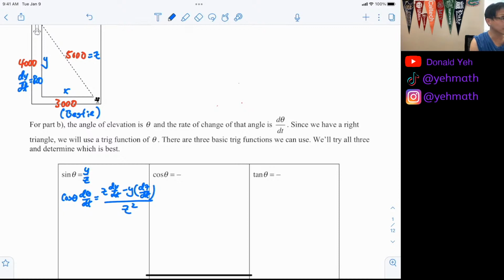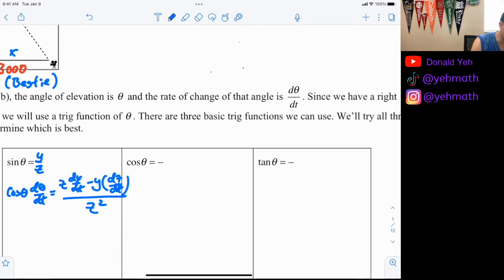And this is just ugly to start with. First, why is it ugly? Because you need to find out z and you need to find out y. Second, you need to find out dy/dt and dz/dt. Do we have both? Yes, we do. We have all the information and you can plug in all this. Then you're going to get an answer, but there's so much to plug in. We want to simplify everything. So think about what simplifying everything is going to be.